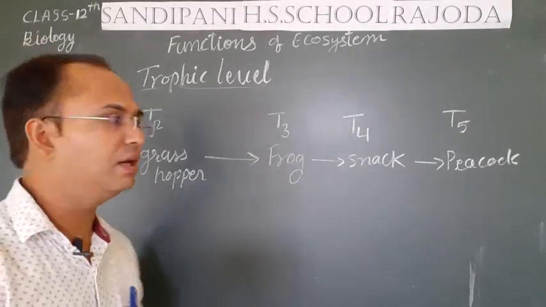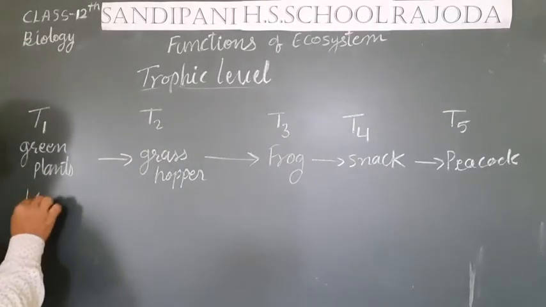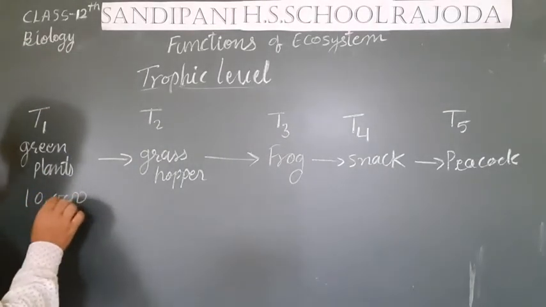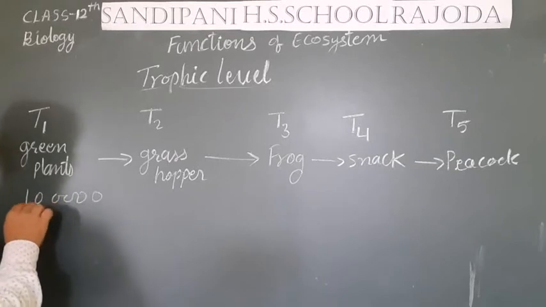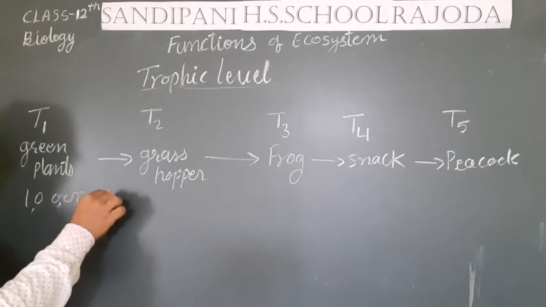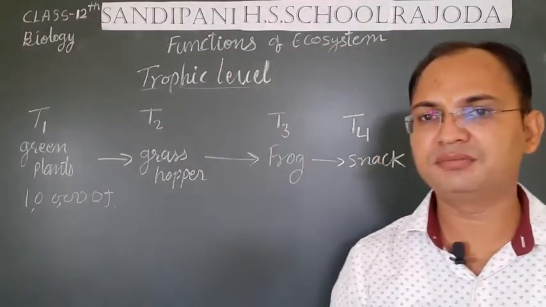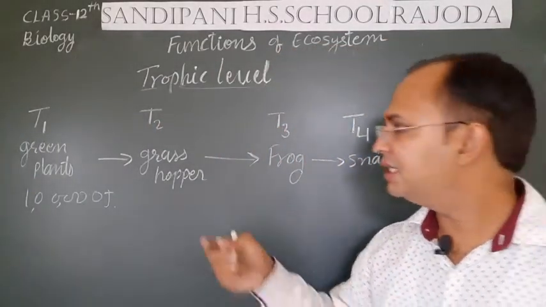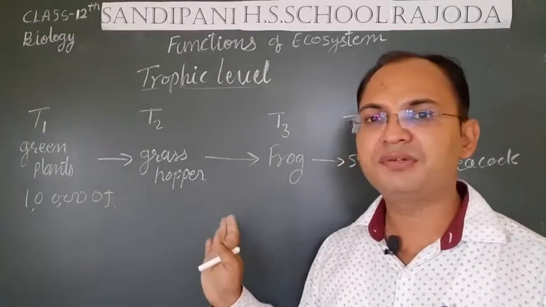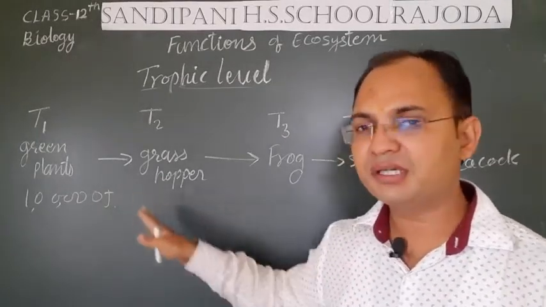If we take an example that one lakh joule of energy is there in first trophic level, then only its 10% energy will be transferred from first trophic level to second trophic level.